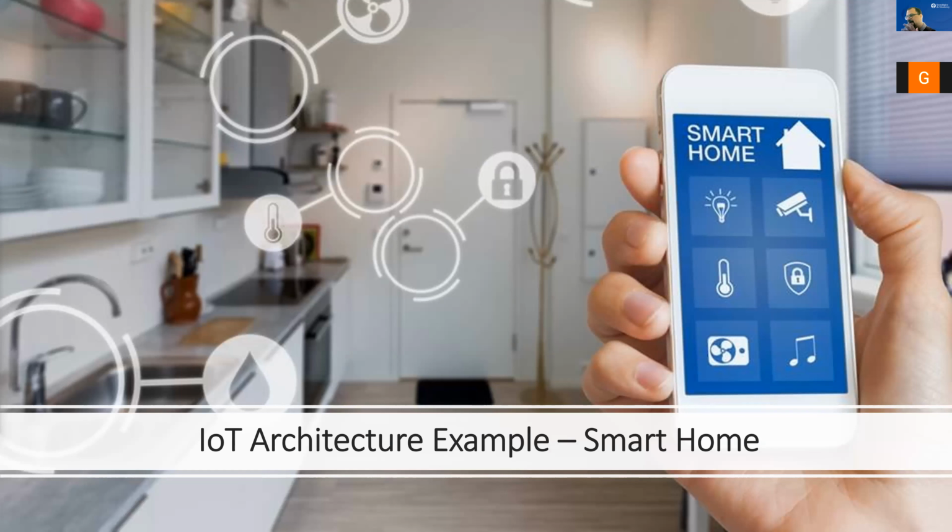Okay, there are many different type of solutions. Today, I will explain the IoT architecture example in a smart home. Why a smart home? Because the lab 2 and the lab 3 is about a smart home and smart office. Okay, we use this scenario to study how to design IoT network using the Cisco Packet Tracer.